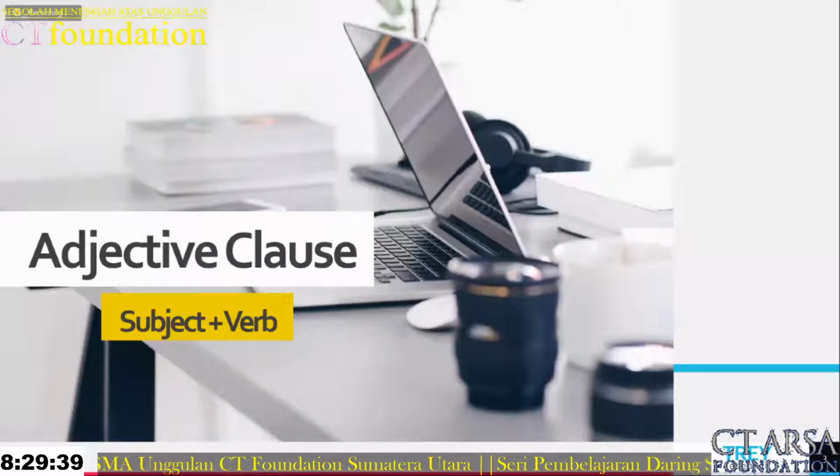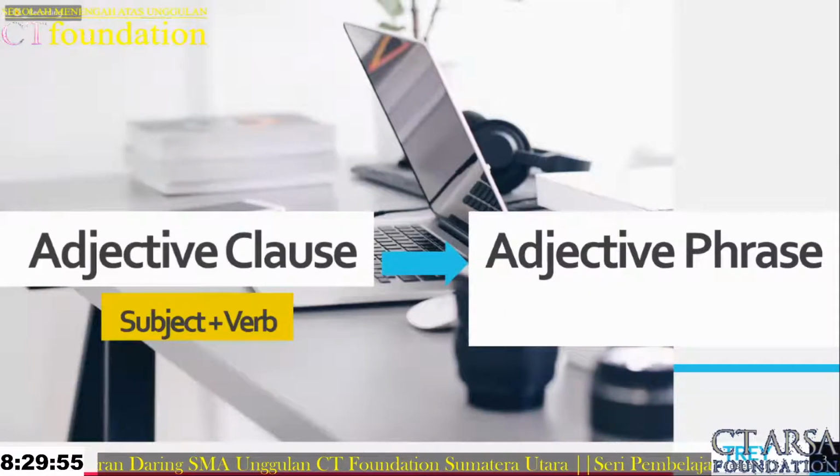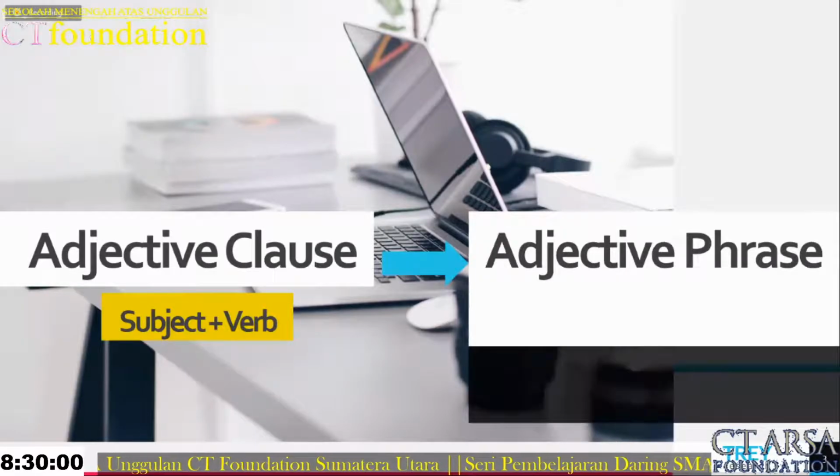It's only a group of words without subject and without verb. There are various phrases: prepositional phrase, noun phrase, and others. So here, how to reduce adjective clause to adjective phrase?